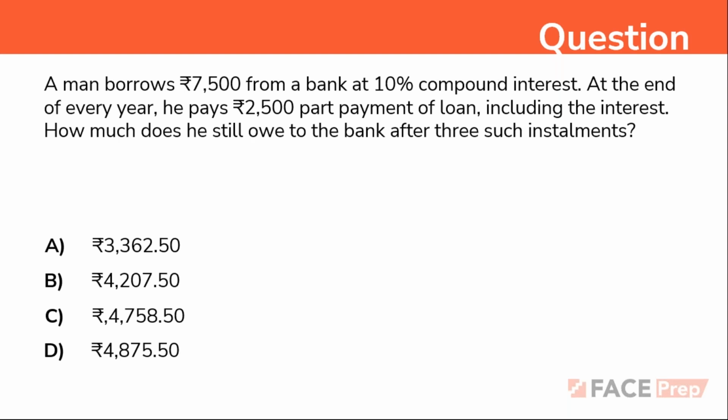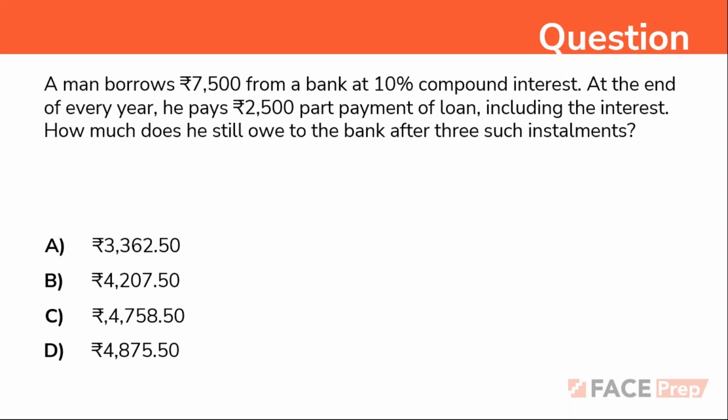A man borrows rupees 7,500 from a bank at 10% compound interest. At the end of every year, he pays rupees 2,500 as part payment of the loan including the interest. How much does he still owe to the bank after 3 such installments? So 3 times he will pay in this particular order.